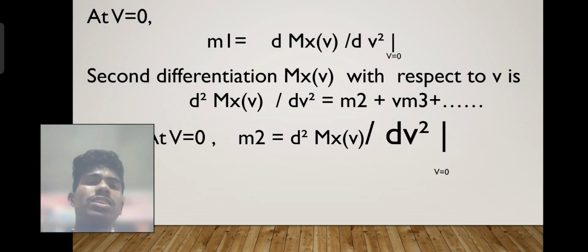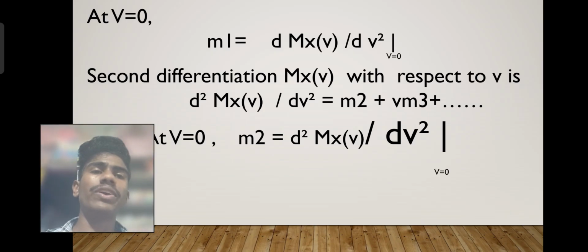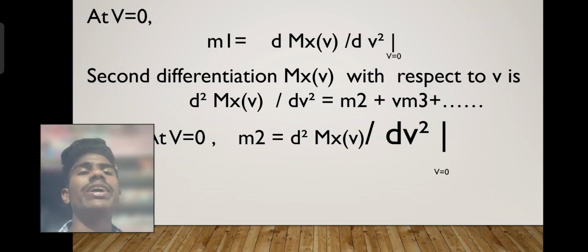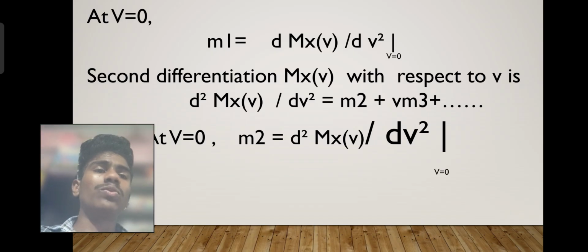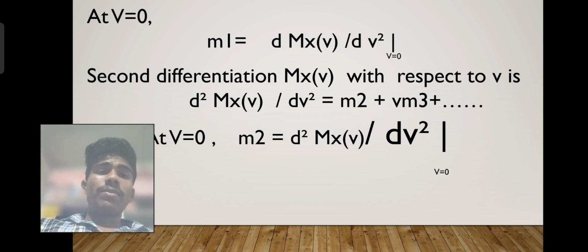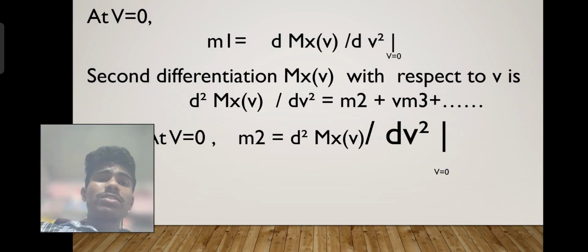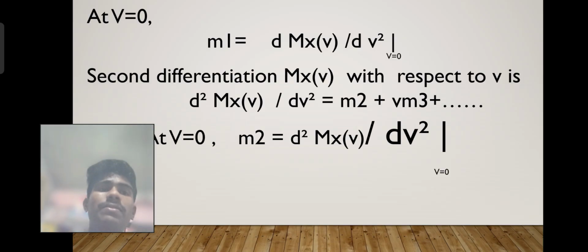Second differentiation of M_X(v) with respect to v gives d²M_X(v)/dv², which equals m_2 + v m_3 + so on.